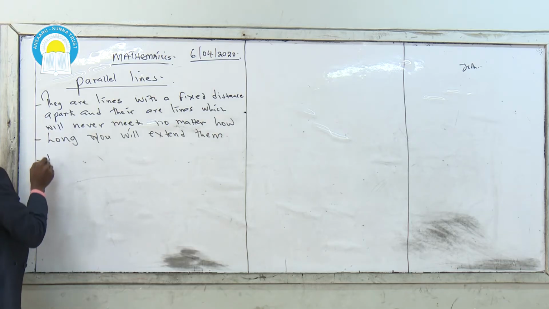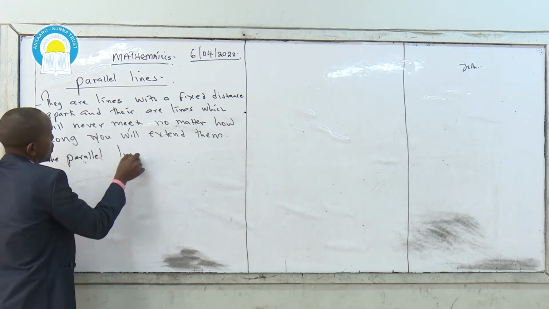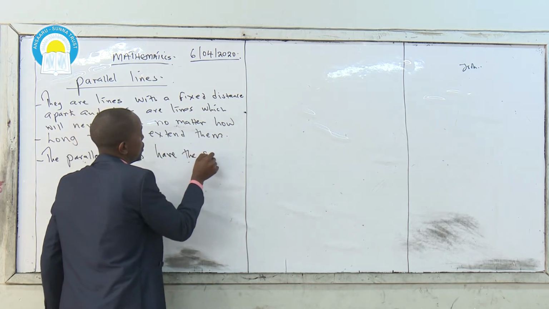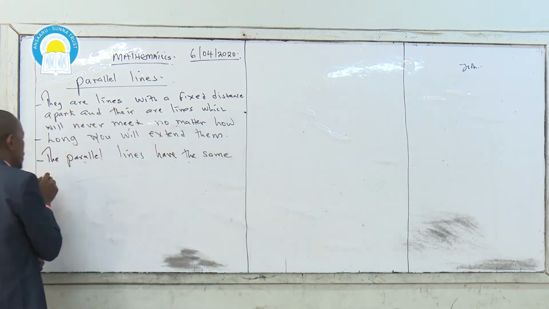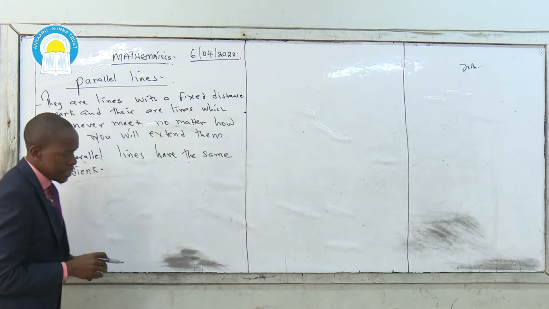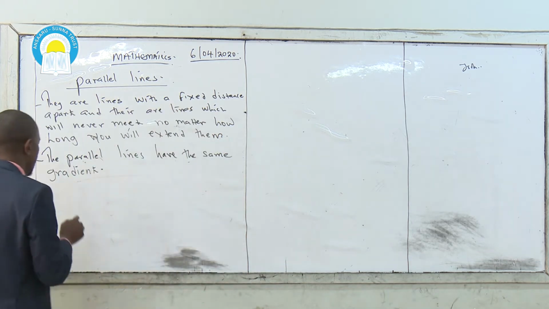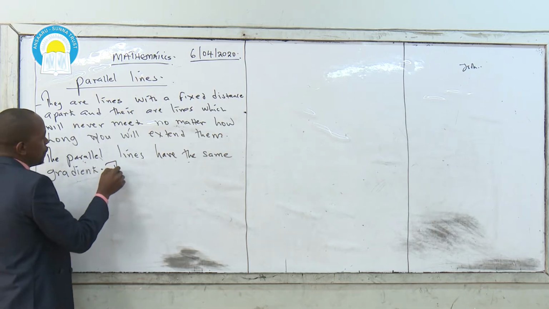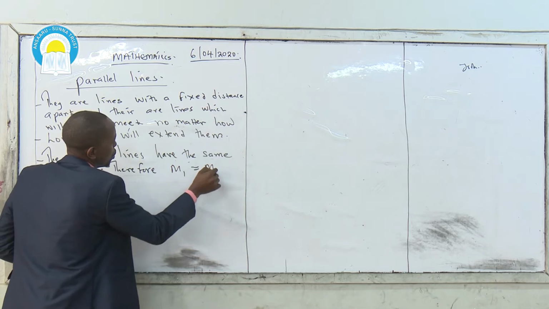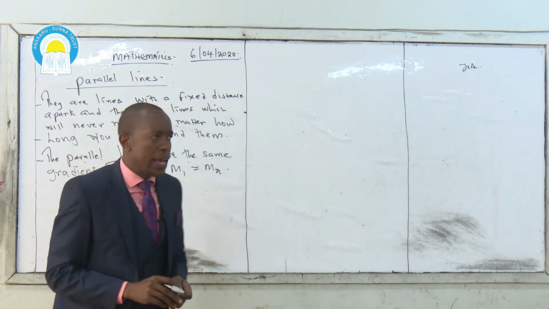Parallel lines have the same gradient. Therefore, M1 is equal to M2.